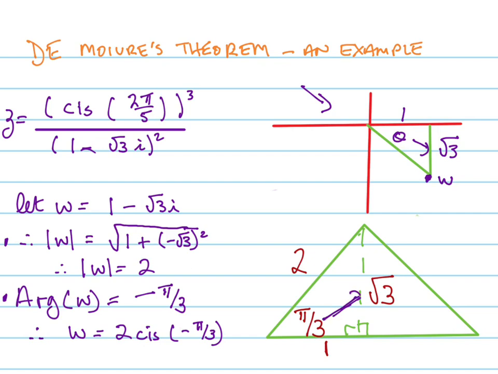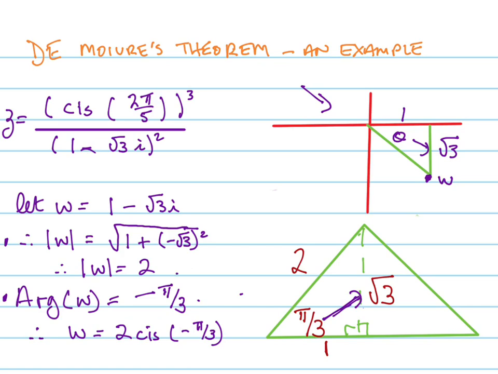So I'm looking at that as being my argument, but I've got to notice that we are in the fourth quadrant here, so my principal argument of W is going to be negative pi on 3. And the modulus, just using Pythagoras' theorem, is going to equal 2.